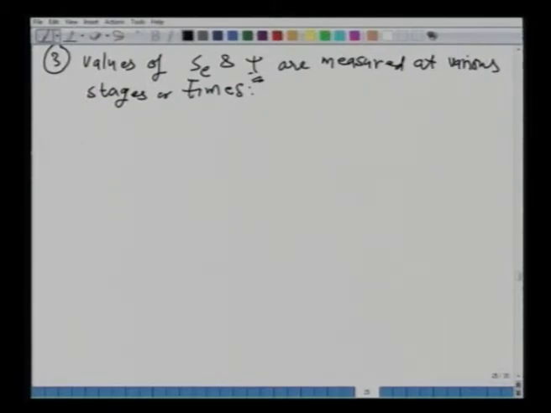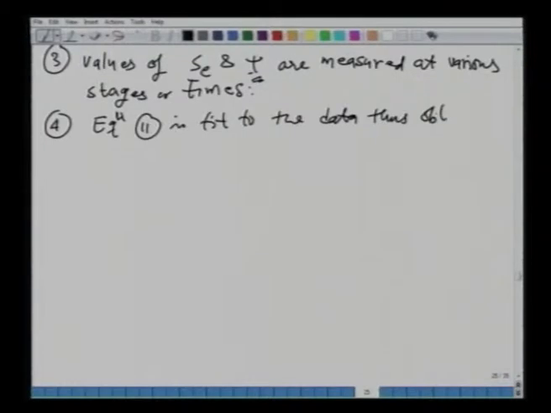Okay. Then what we do is the equation 11, which we had just seen, is fit to this data set, the data which we have thus obtained, which is in terms of SE and psi, to find the parameters psi b and lambda.